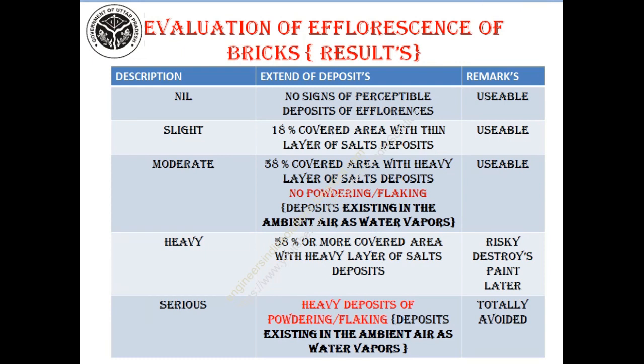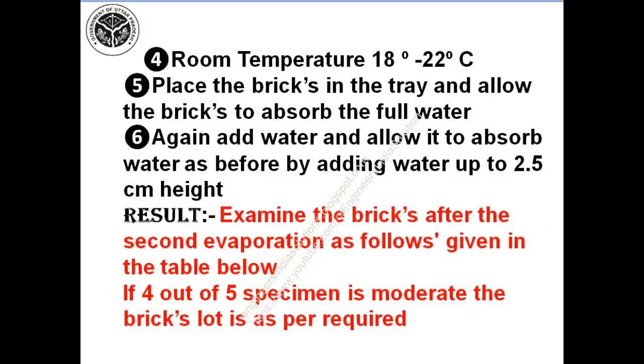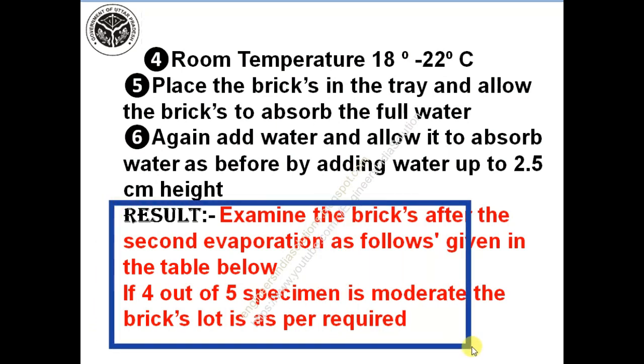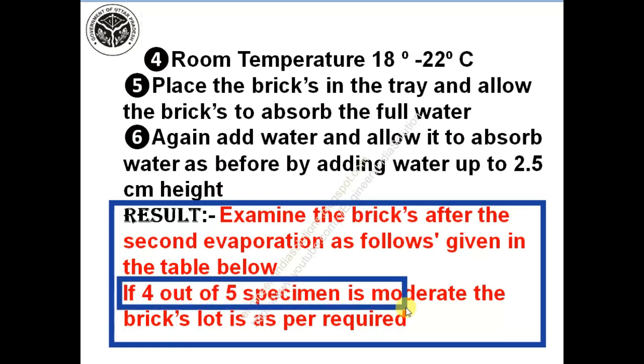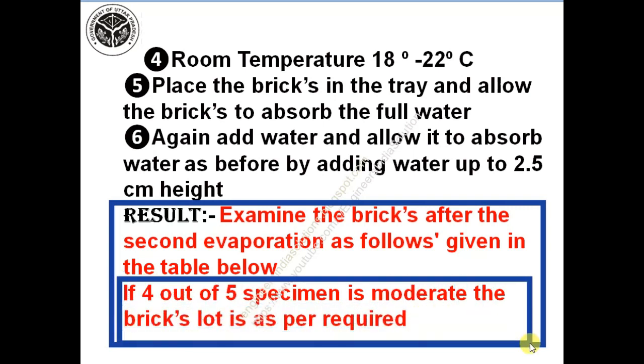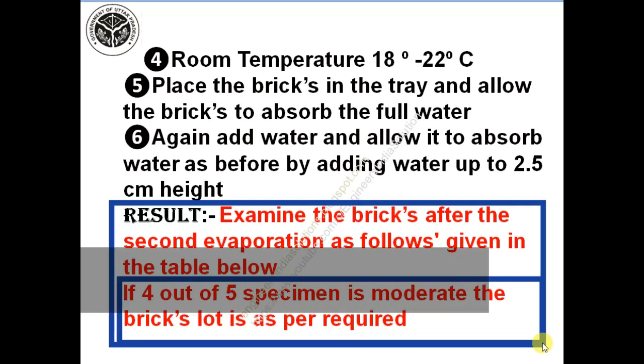As we had taken 5 bricks, out of 5 bricks, the result has to be marked down as follows. 5 specimens were taken from the lot, and 4 specimens should not be above moderate efflorescence.